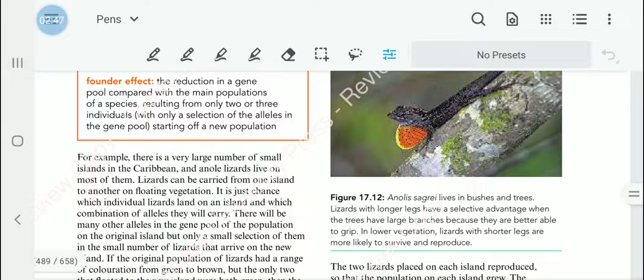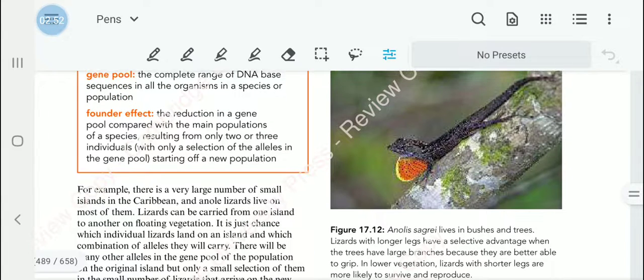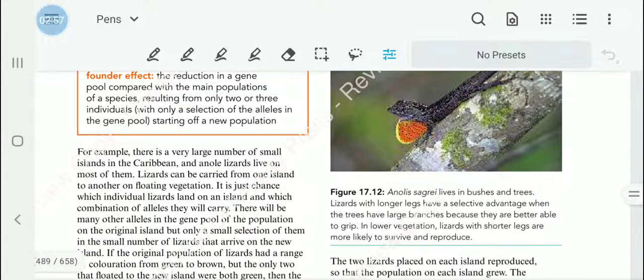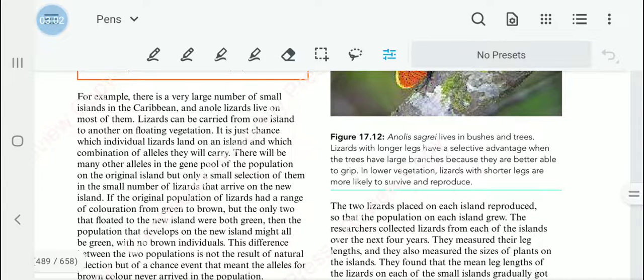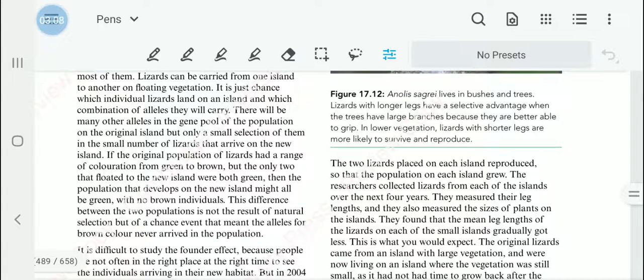What happened was, on the large island you had large trees. So to hold on to these large trees, these lizards had longer arms and legs. When these lizards were introduced to the new islands, they measured the lengths of their arms and legs, and after some years, they measured how that had been affected.